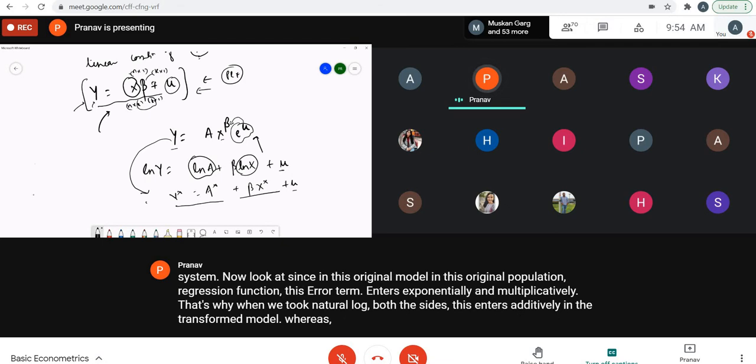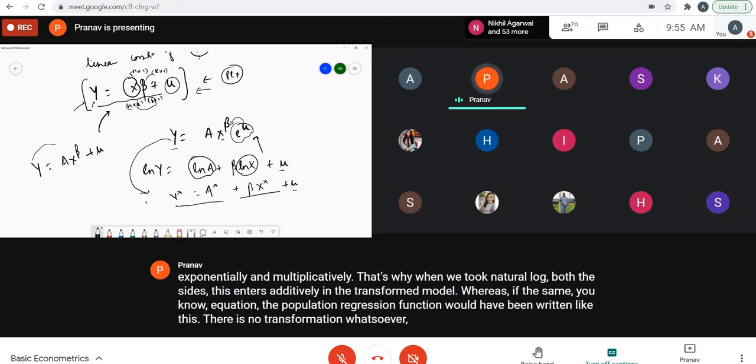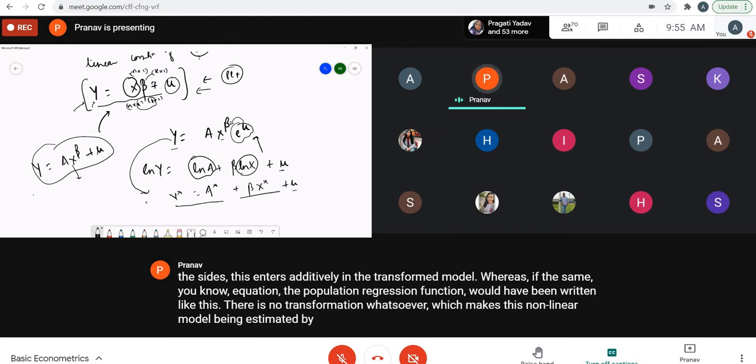Whereas if the population regression function had been written like this, there is no transformation whatsoever which allows this non-linear model to be estimated by a linear regression model.